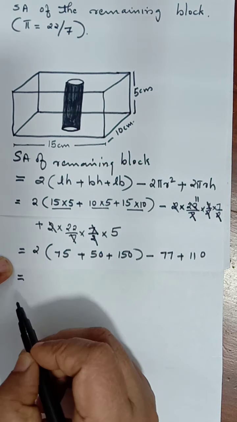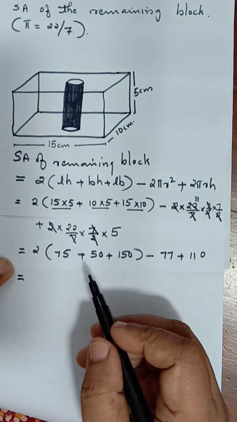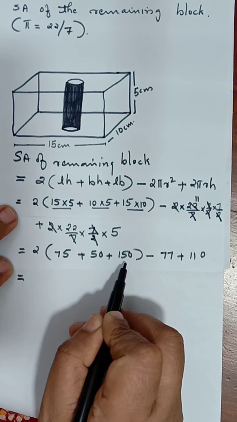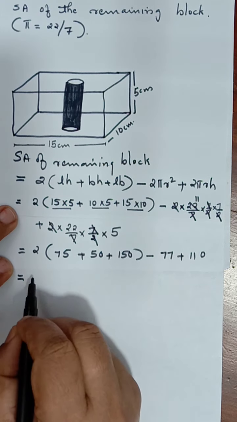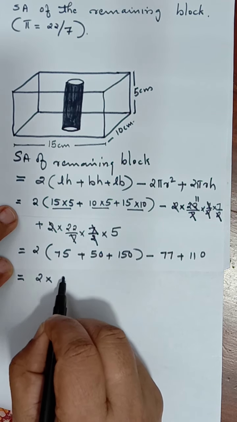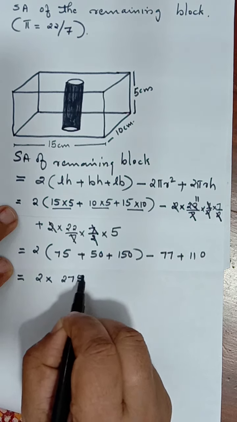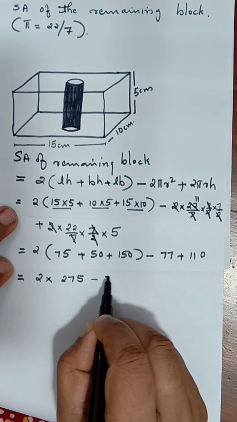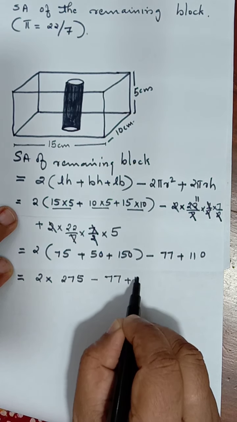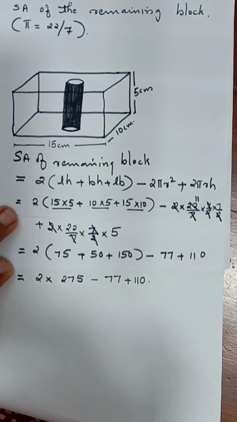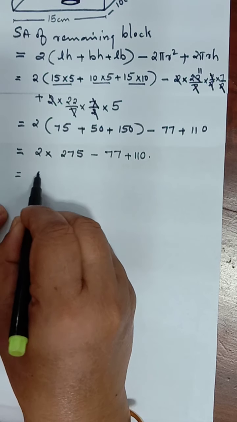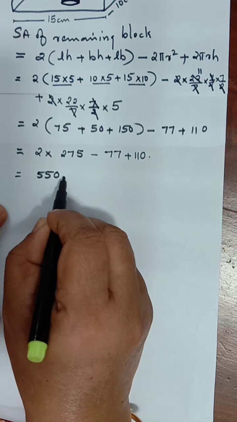This is equal to, here we have to add, we will be getting 75 plus 50 plus 150. So together it is 2 into 275 we are getting by adding, minus 77 plus 110. 2 into 275 is 550.